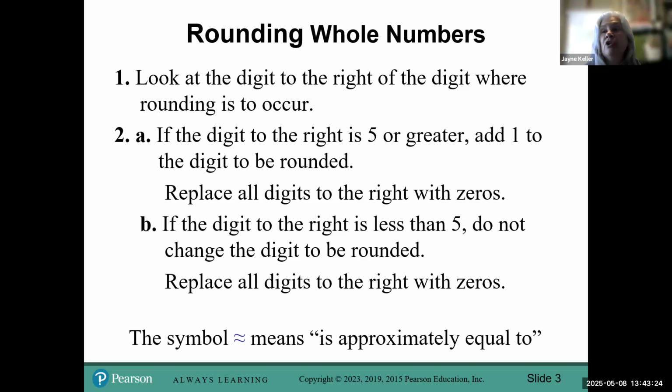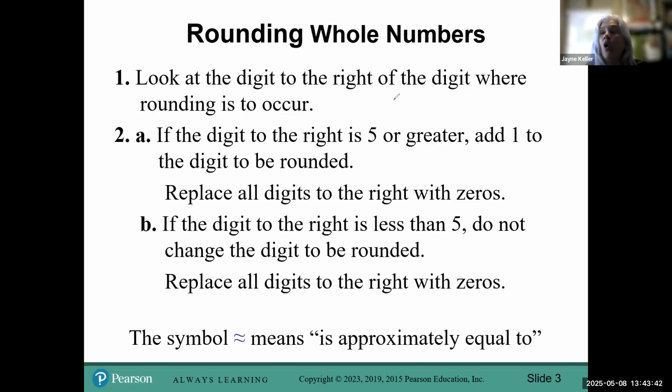So the first thing we're going to look at is rounding whole numbers, okay? When you're thinking about rounding, and hold on, let me come over here and get my pen to work. Here we go. When you're thinking about rounding, you want to think about your decimal places.